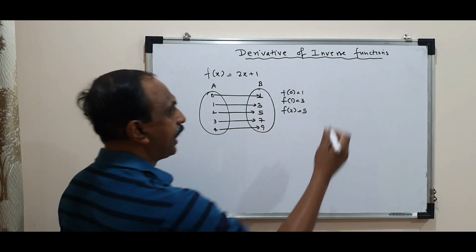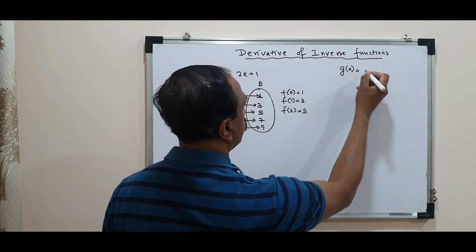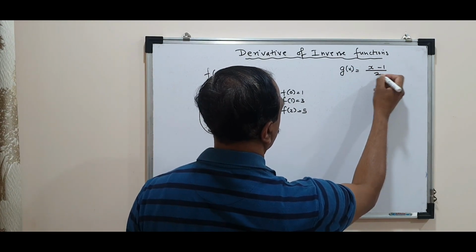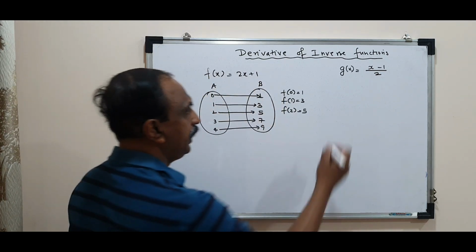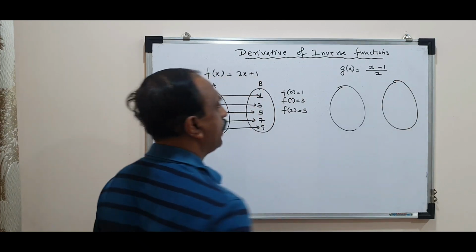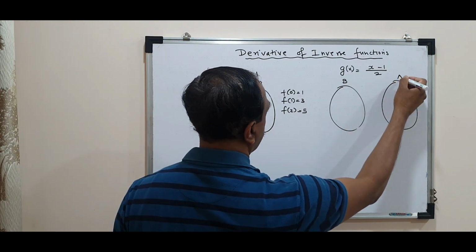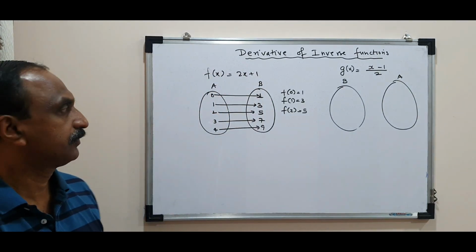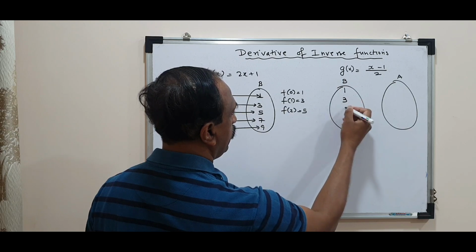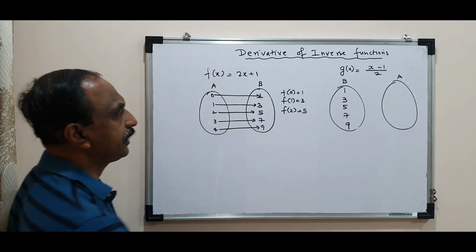Now I'm going to define another function, let's say g of x. It is defined as x minus 1 divided by 2. Here, let's see what is the set A and B. This set I am denoting by B and this set I am denoting by A. When I put B as 1, 3, 5, 7, 9, what is happening?